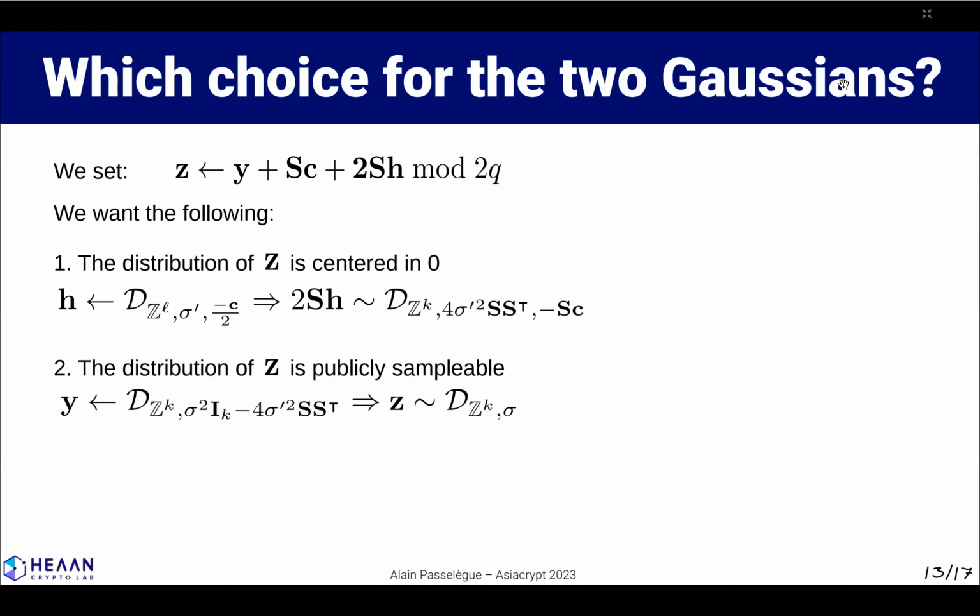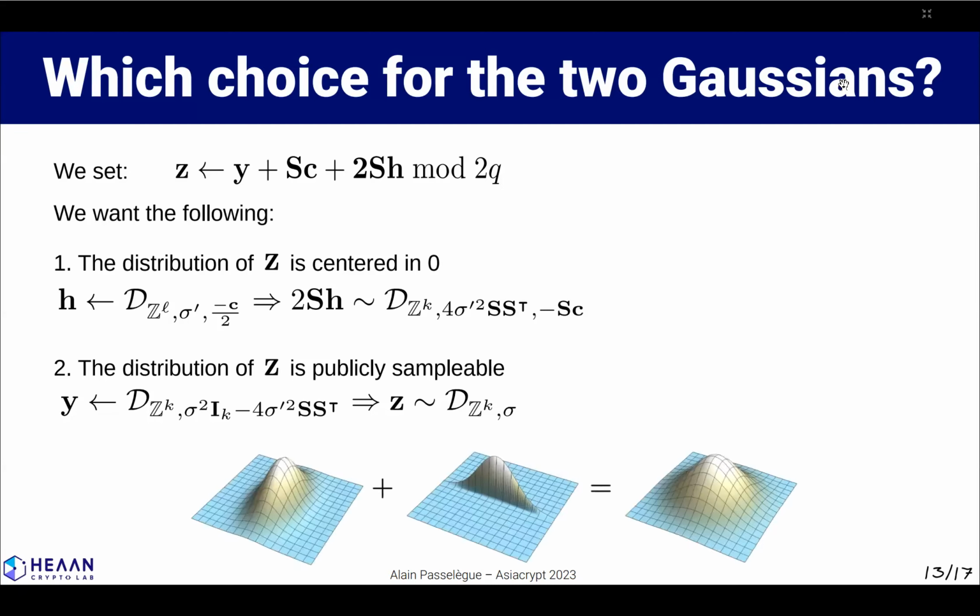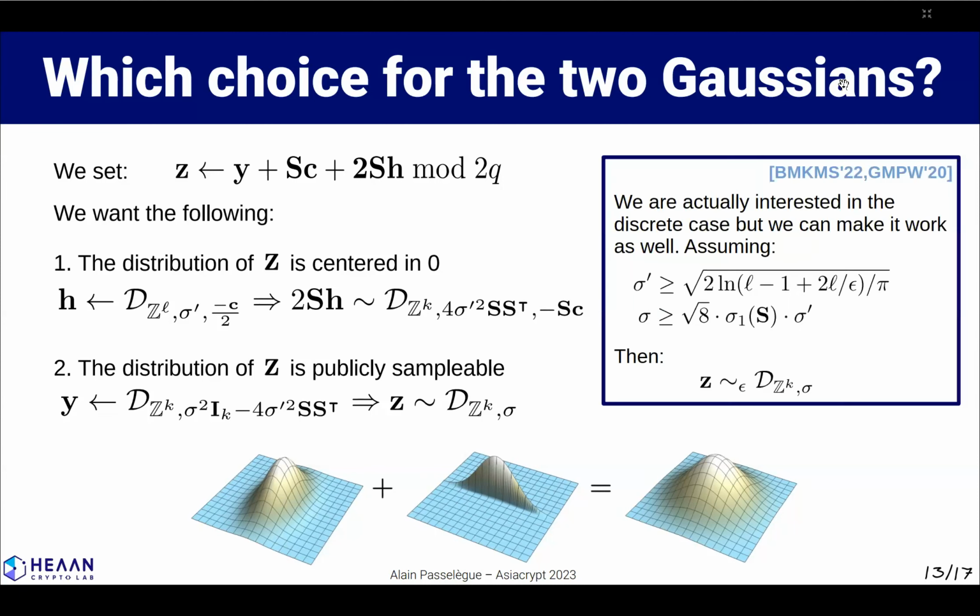Here I'm cheating a bit because I'm talking about continuous Gaussians, so it's slightly simpler. You're basically solving two Gaussians, one with smaller dimension, the other one with larger. And then in the end, what you get is spherical Gaussian distributions centered on 0. Again, I'm cheating a bit because I'm talking about the continuous case here.